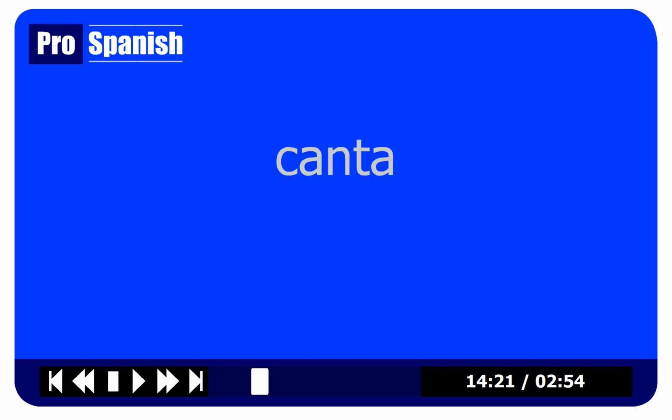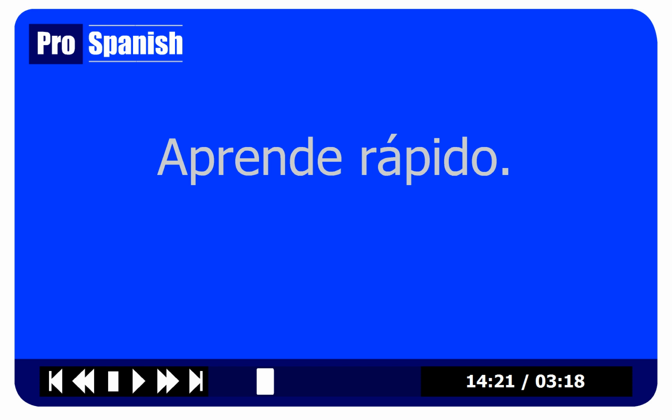Canta, canta. How about he learns fast? The word for fast is rápido, as in rapid, rápido. So he learns fast would be aprende rápido.